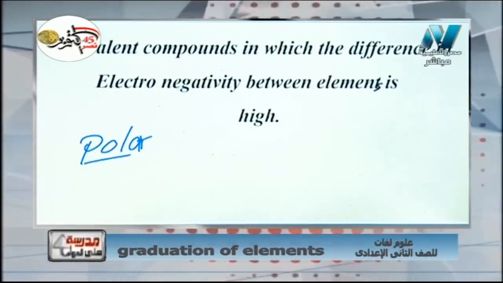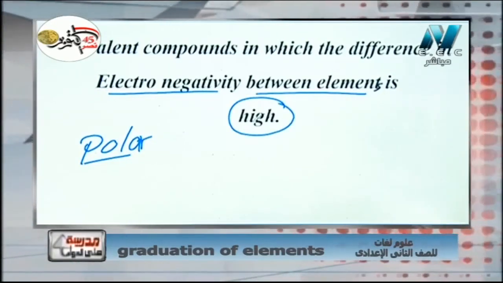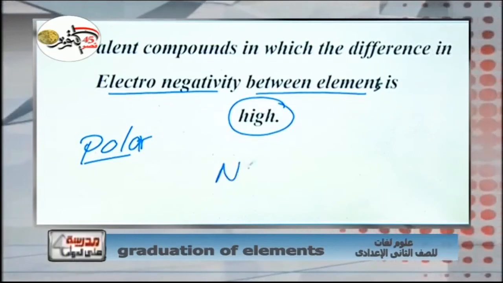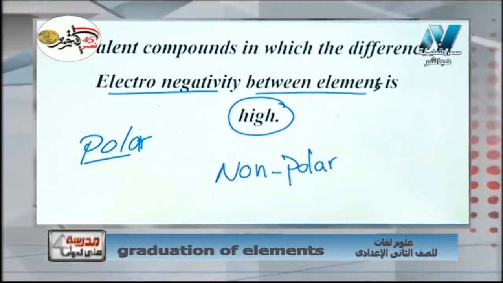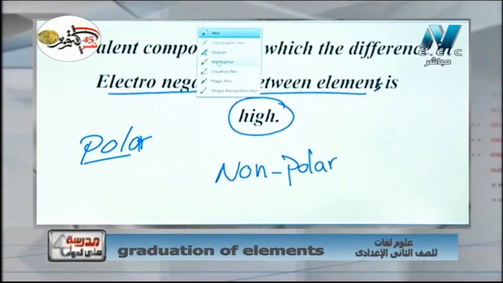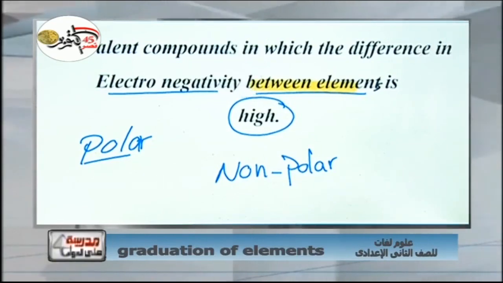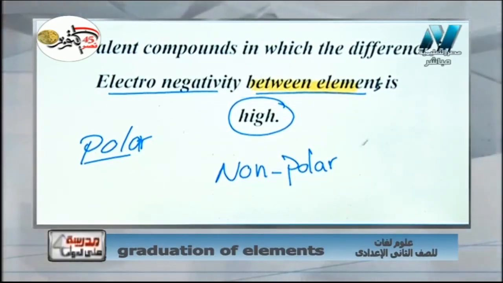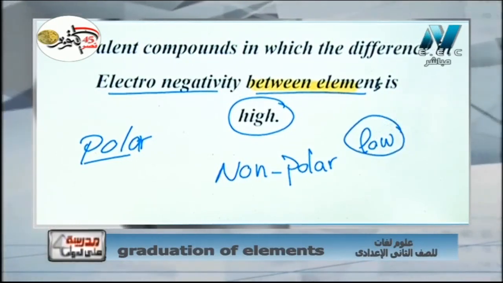And we have non-polar compounds, where the difference in electronegativity between elements is what? Is low. So we can differentiate now between polar and non-polar compounds according to the difference in electronegativity between elements.